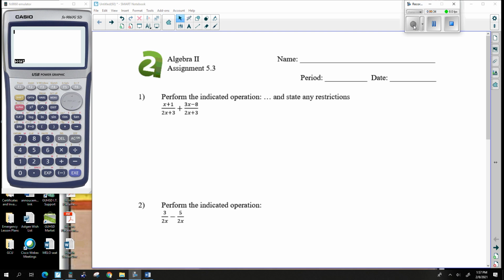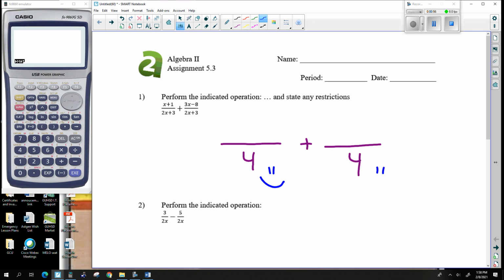Okay, but the one rule that you have to follow when you're adding and subtracting is the denominators have to be the same, also known as common denominators. So in a simplistic view, if I have a division of 4 and a division of 4, that's exactly what I'm looking for.